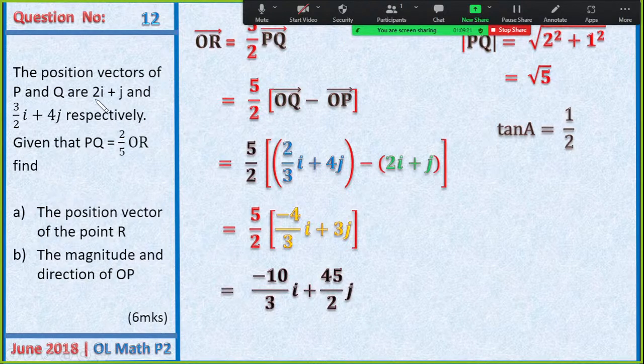OP is this 2i plus j, so the magnitude is that, and the tan A should be equal to y component on x component. So A will be equal to tan inverse of a half, that is 26.6 degrees.